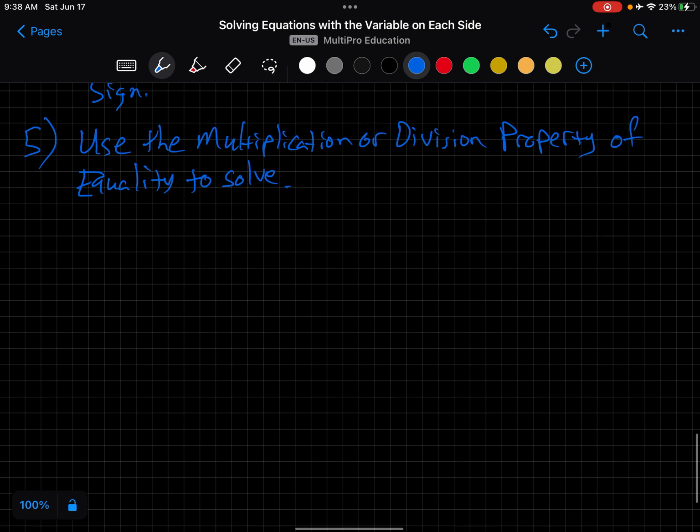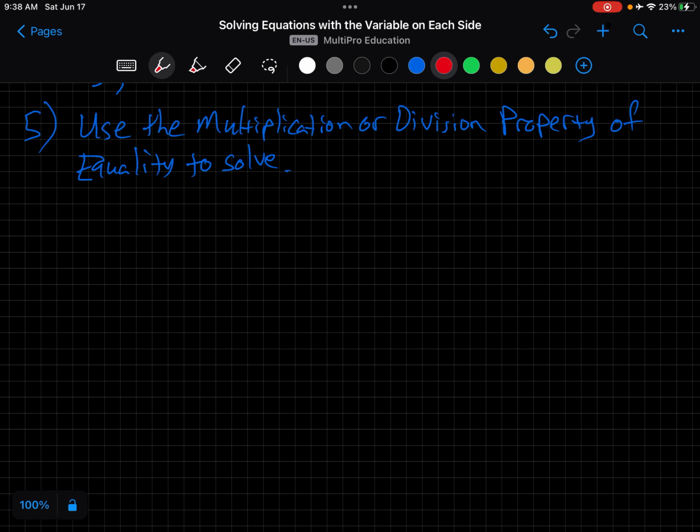Now when you do this step 5, there's two results here that we want to talk about. If the solution results in a false statement, we had that happen, right?